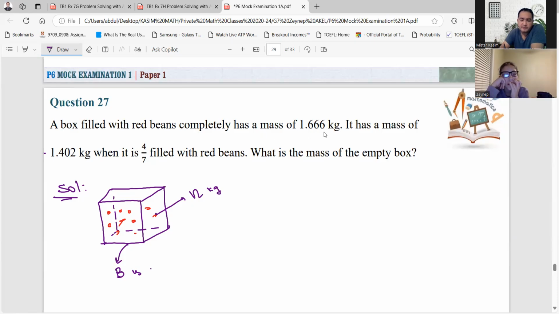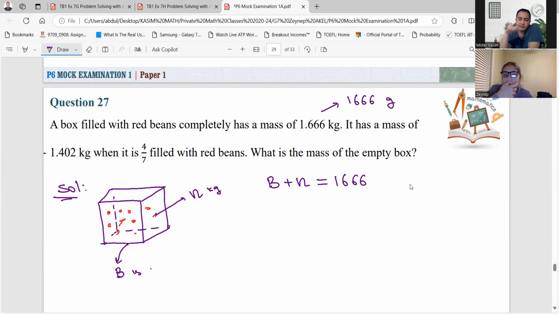So let me just write this in grams. It will be multiplied by 1,000. It will be 1,666 grams, right? So that means that B, the empty box, plus beans when it is full, is equal to 1,666 grams.